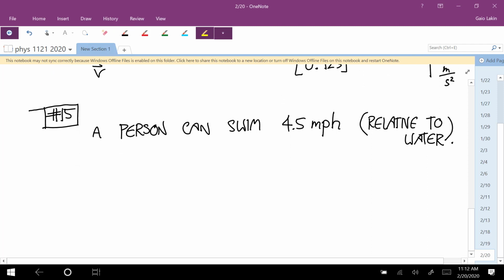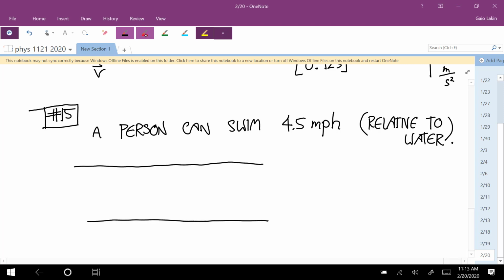And this person swims across a river that's 0.15 miles across.